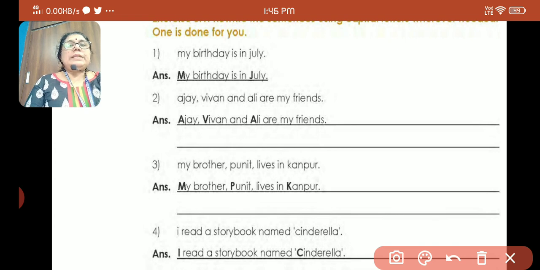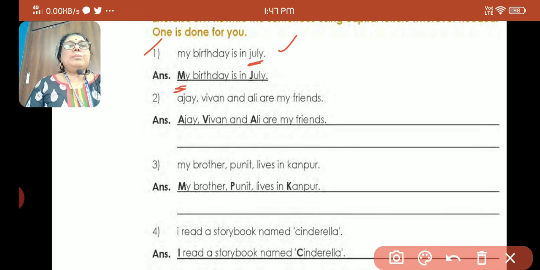Okay, so let's start with the first sentence. My birthday is in July. Now, how do we do the sentence? My, starting of a sentence. Starting of a sentence always begins with the capital letter. So, M is written capital. Look here. M is written capital. Birthday is in July.